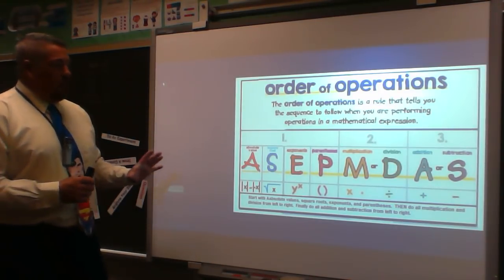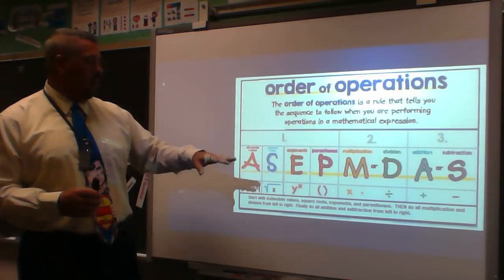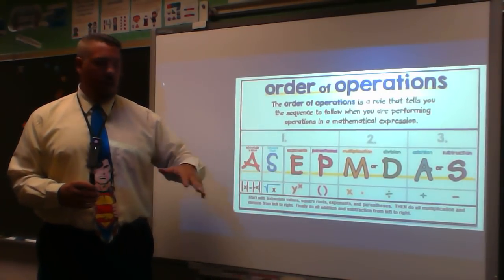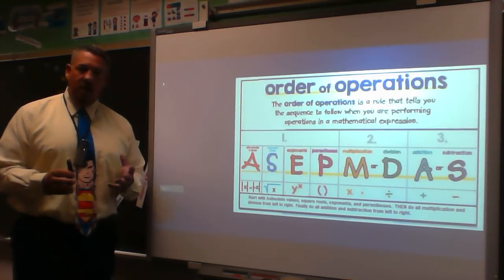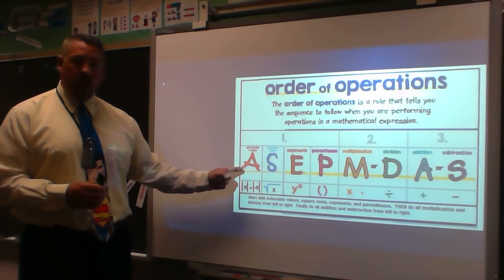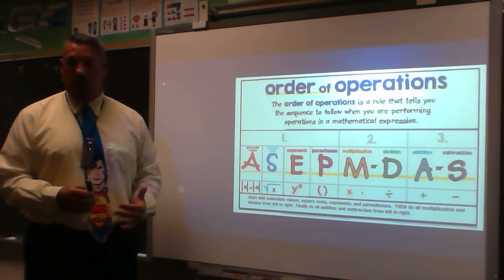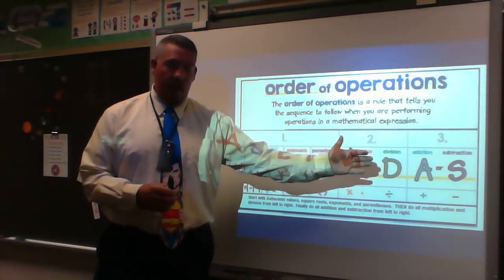So this is often taught as "my dear Aunt Sally," and it talks about the presents from my dear Aunt Sally, but I changed the saying a little bit. The saying that I use is "Ask for several extra presents from my dear Aunt Sally."